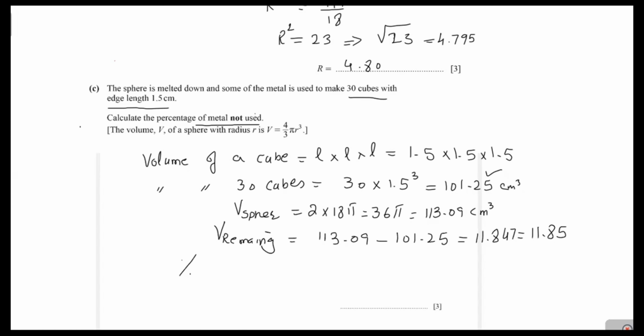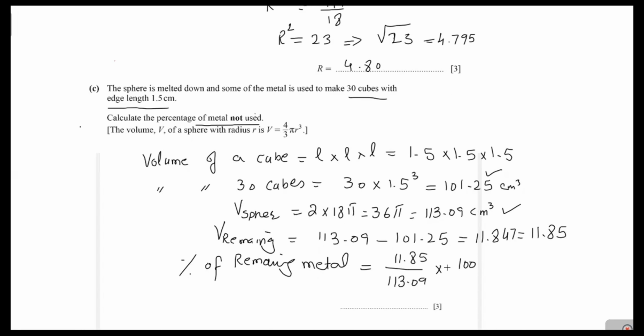Now the percentage of remaining metal will be equal to the remaining volume 11.85 out of the total volume of the sphere, which was 113.09, multiplied by 100.